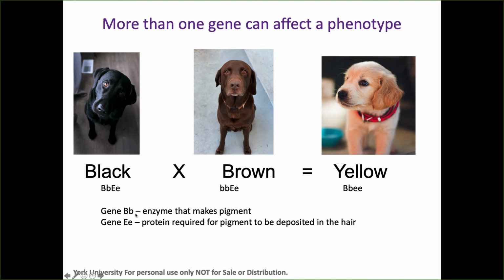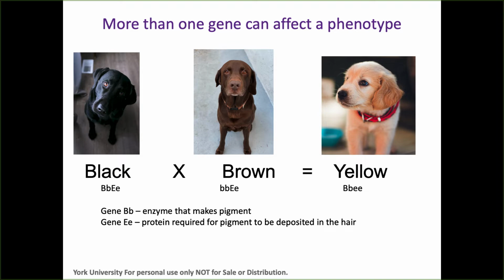The B gene that codes for black or brown fur color codes for an enzyme which makes pigment. The dominant B allele codes for an enzyme which makes a black pigment, and the recessive b allele codes for the same enzyme, but it's a slightly different version of the enzyme, which results in a brownish pigment.